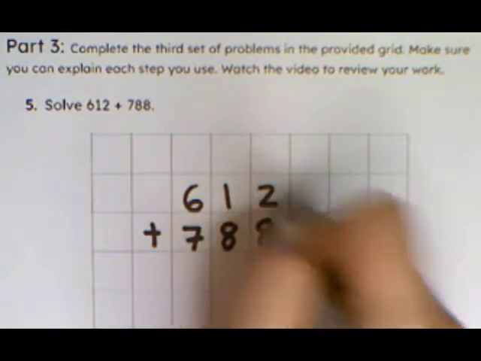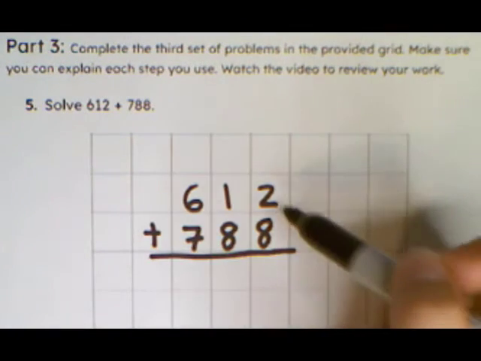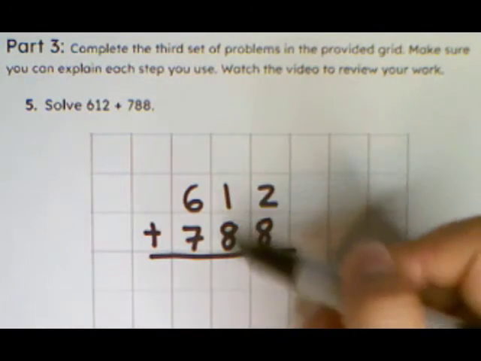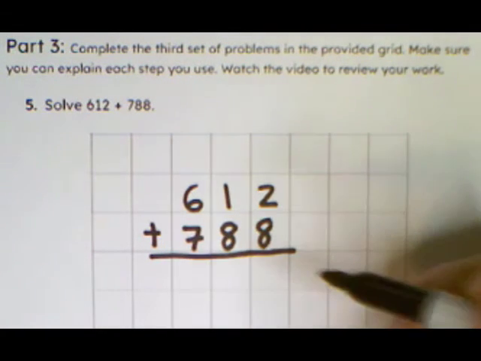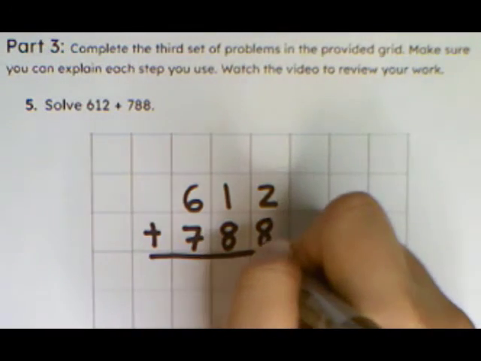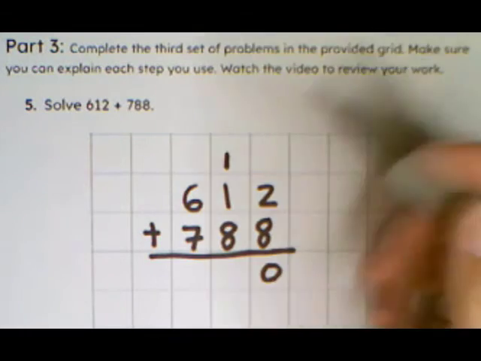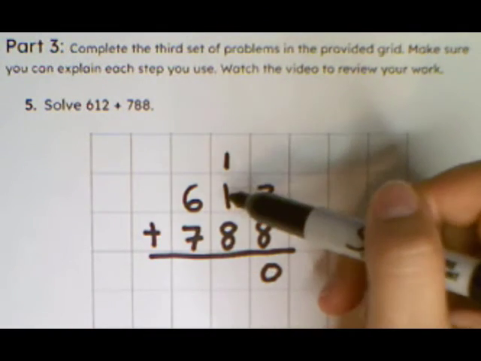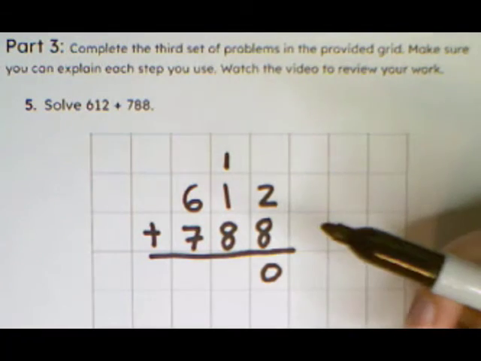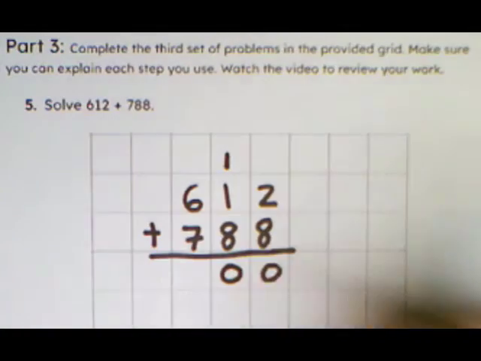Noting that when I'm writing these problems, it's important that I line up my ones, my tens, my hundreds, and so on. 2 ones and 8 ones gives me 10 ones, which is the same as having 0 ones, but 1 ten.